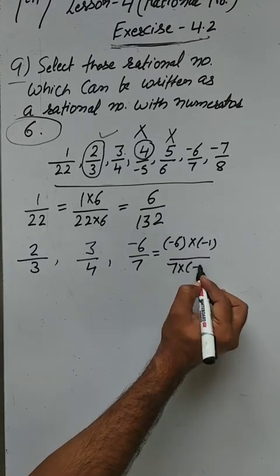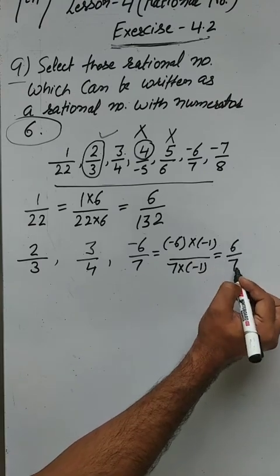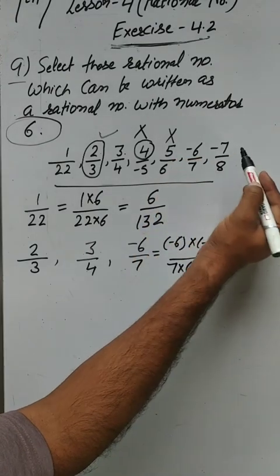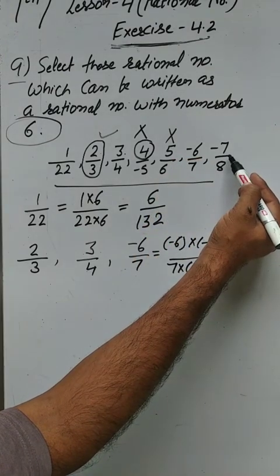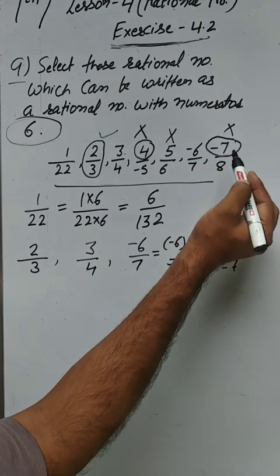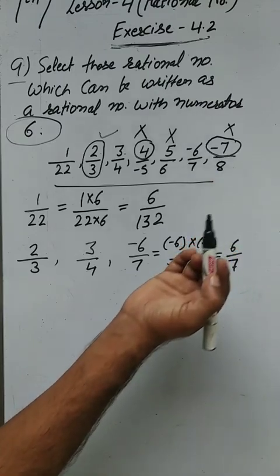Similarly 7 multiplied by minus 1. Minus minus is plus. Now minus 6 changes into 6. Clear? And last, can I change minus 7 into 6? No. Minus 7 cannot be changed into 6.